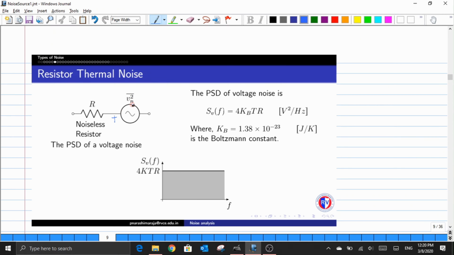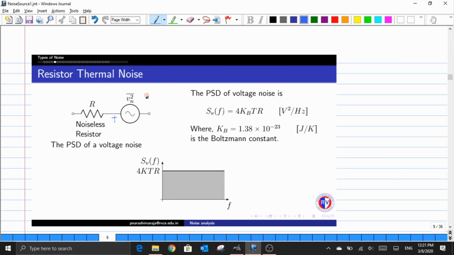So one should not get confused with the mixed usage of either a mean square value or the RMS value. The reason why we represent the voltage noise source as a mean square value or the variance would become obvious when we discuss certain problems in the coming slides. Till then, one would represent a noisy resistor as a circuit decomposed into a noiseless resistor in series with the mean square value or the variance of the noise voltage.